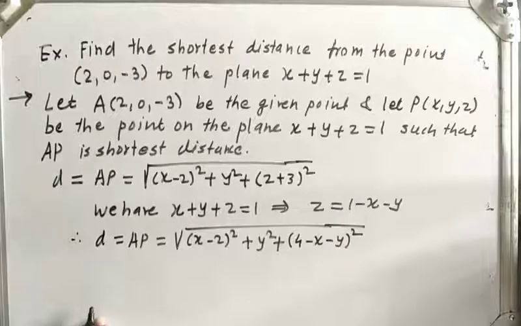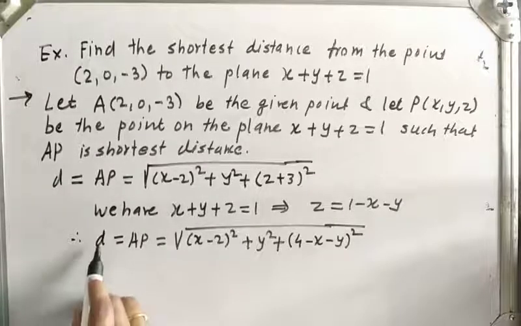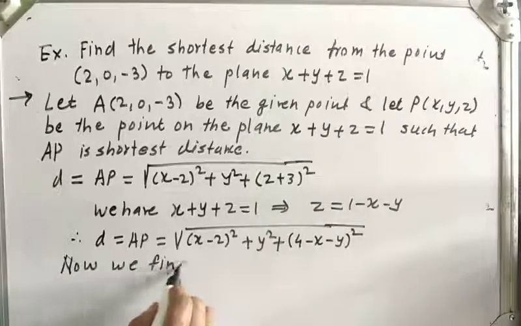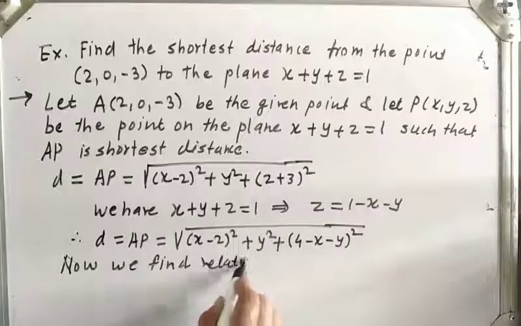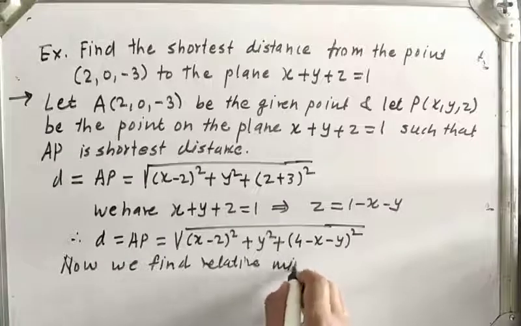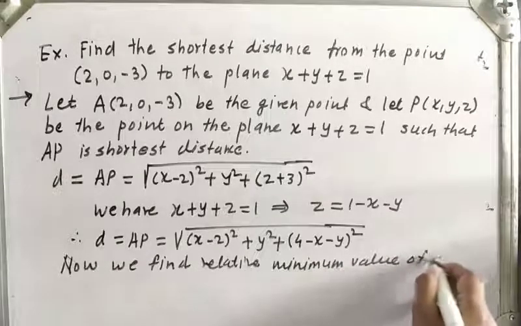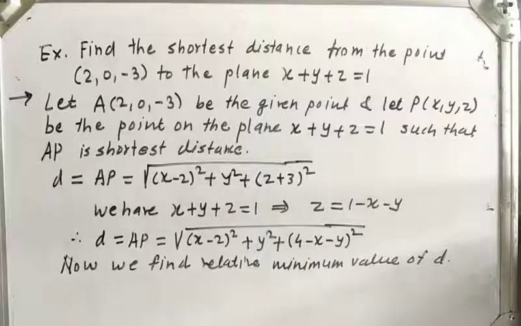Now we will find the relative minimum value of D. So how to find out this value? From this D, we will find out Dx, that is the partial derivative of D with respect to x, and equate it to 0.